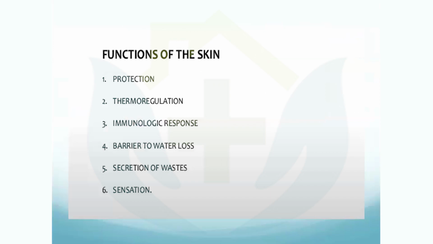Skin offers not only protection to our body, but it is an organ for thermoregulation. It has immunologic responses. It is a barrier to water loss. It causes secretion of waste materials, and of course, last but not the least, it is the organ for sensation.